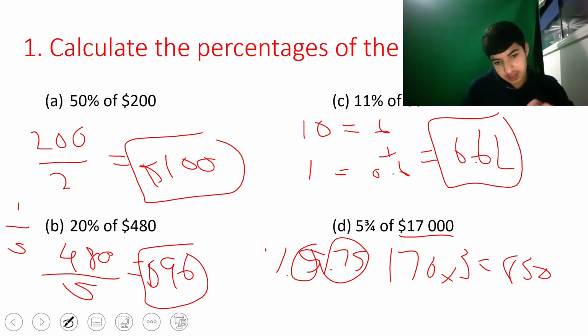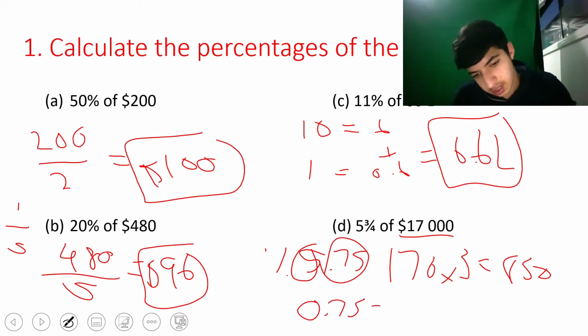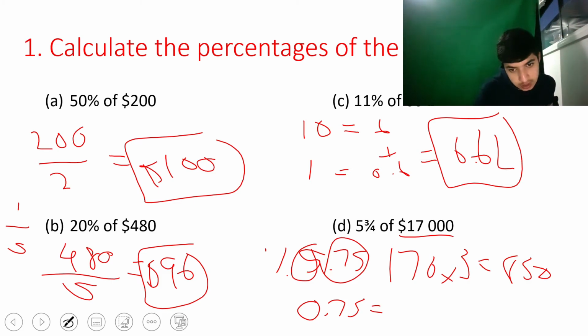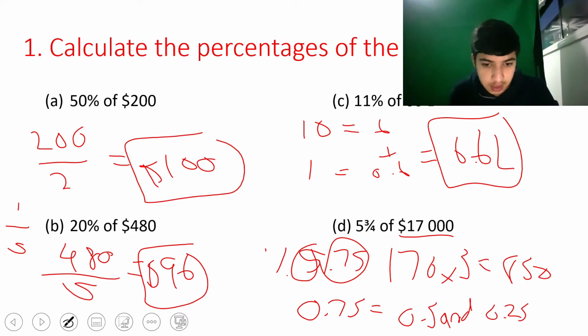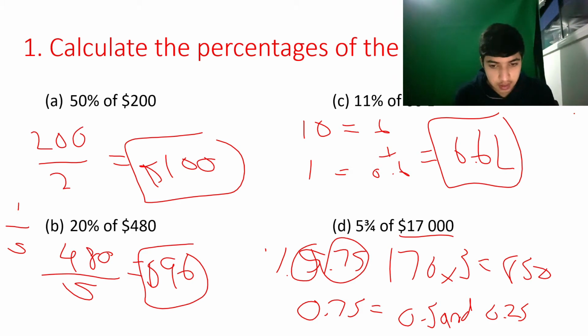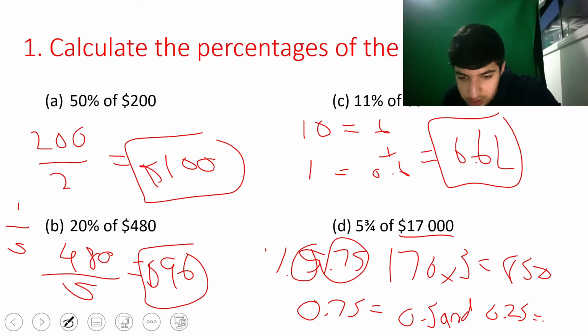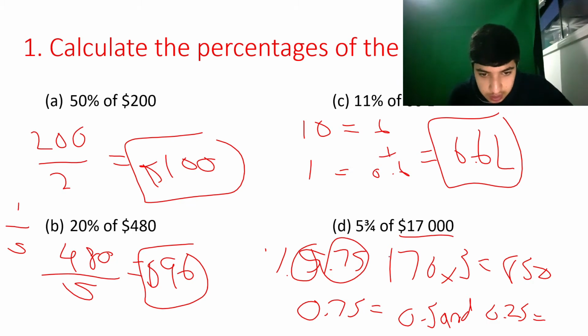Now the other part, 0.75, is going to be kind of a tricky one to find out. So 0.75, okay, we're going to split it again. It would be 0.5 and 0.25. Now let us do this. What's 0.5 of 17k? We know that 1% is 170.